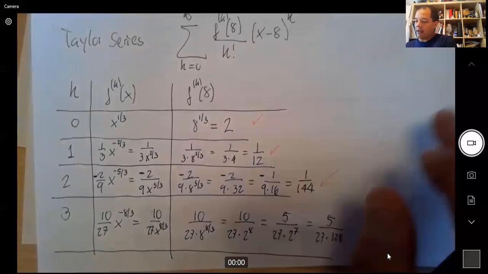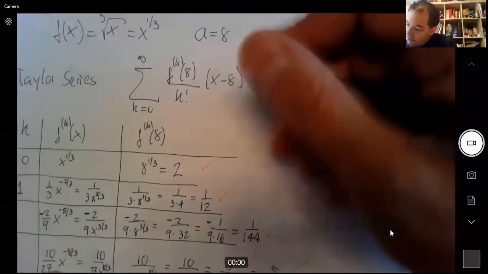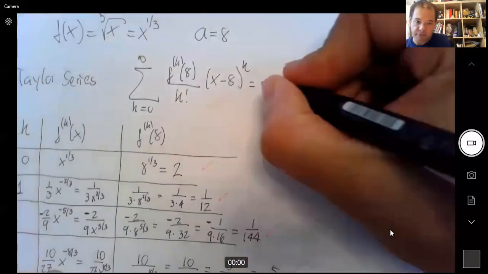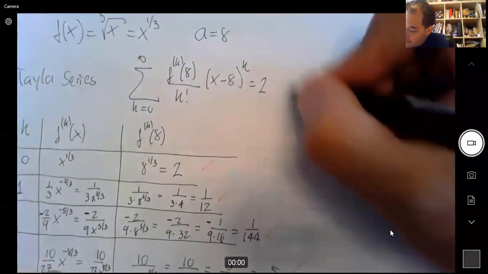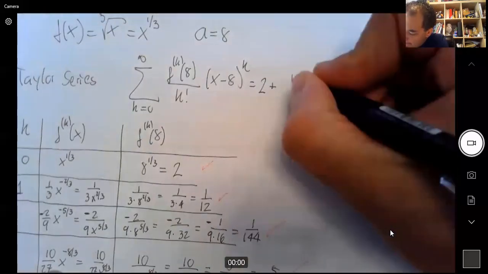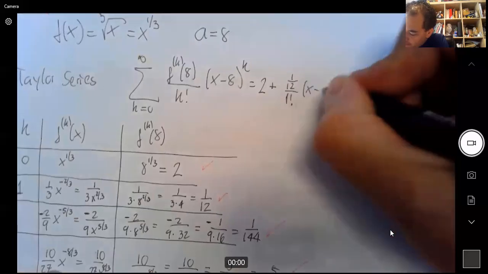So now let's write down the first few terms of the Taylor series right here. So the first term is just 2. The next term is 1/12 is the number, over 1 factorial, x minus 8.